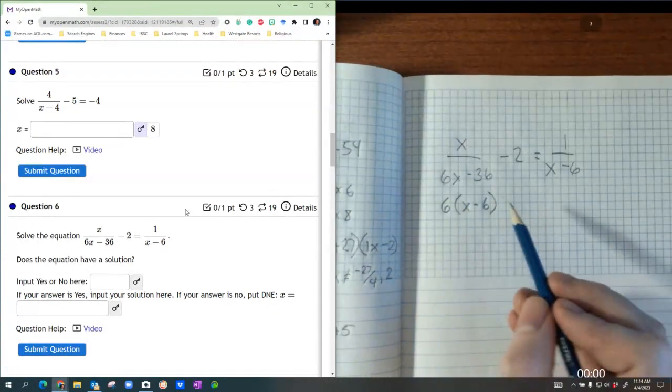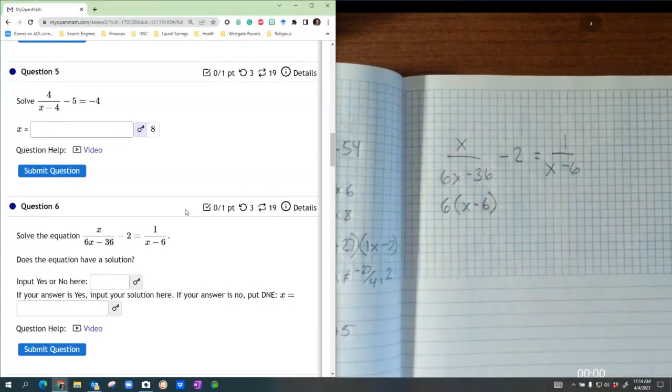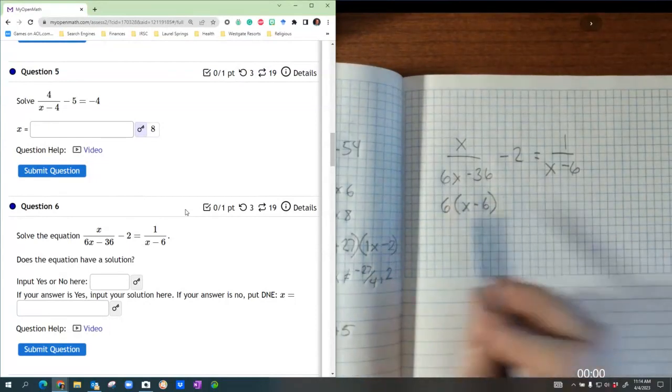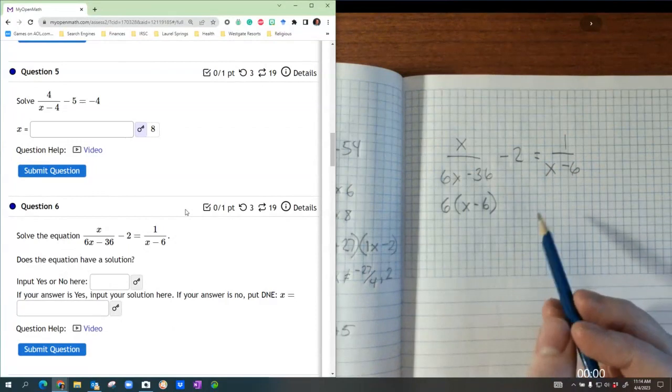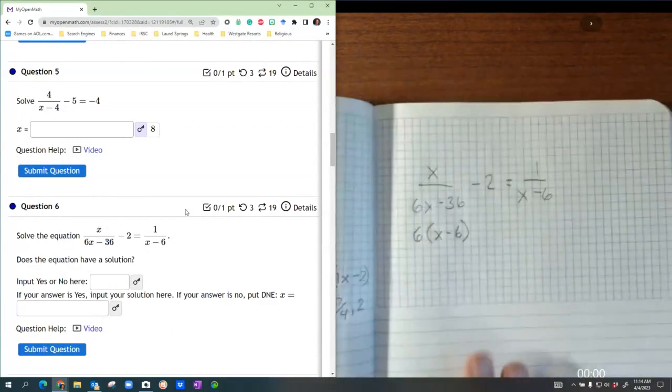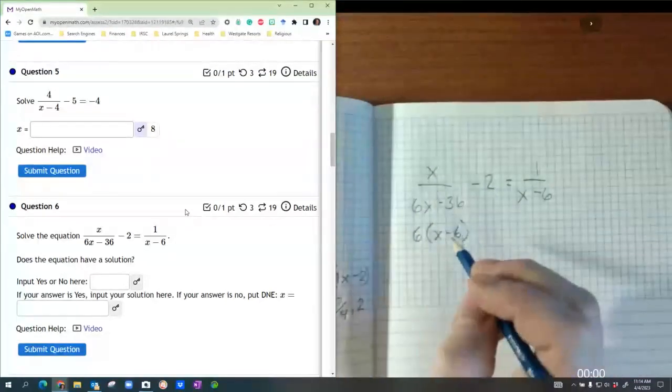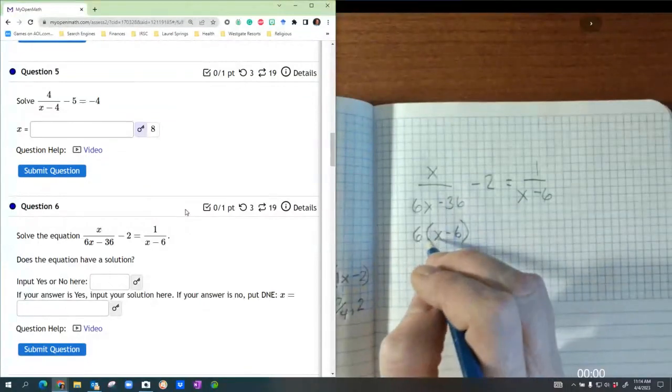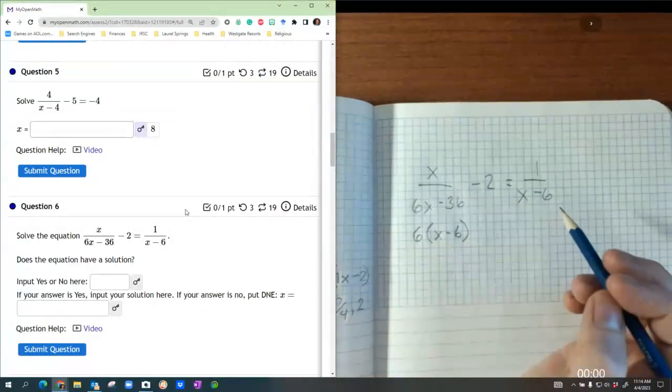Now, the reason why I care about doing that is because now what we want to try to do is eliminate all of our values with fractions. So I'm going to multiply both sides by 6 times x minus 6.